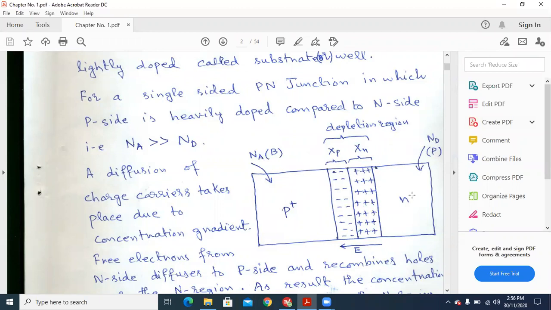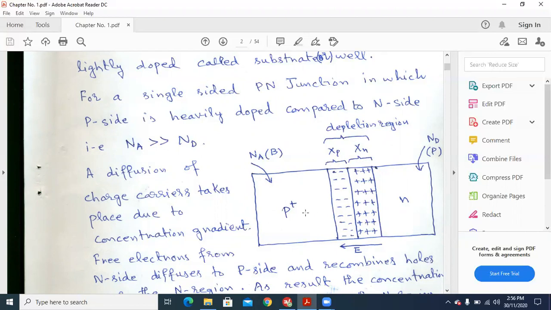The important thing to remember here is that the width of the depletion region is large at the lightly doped side and small at the heavily doped side.